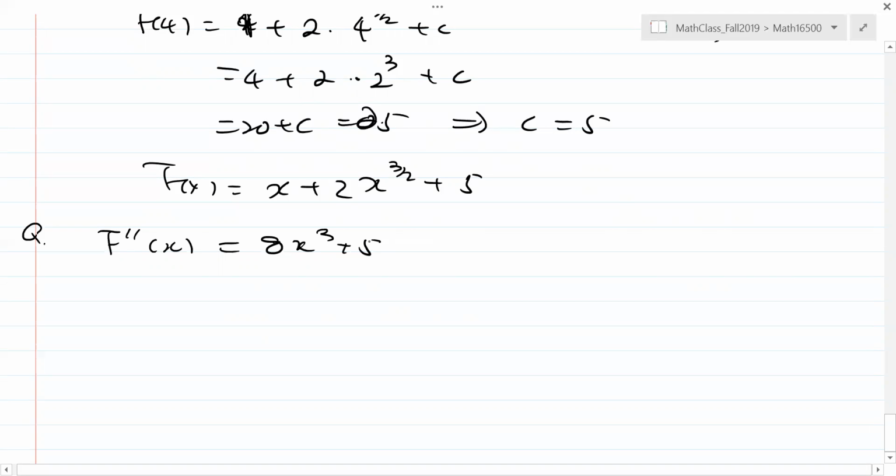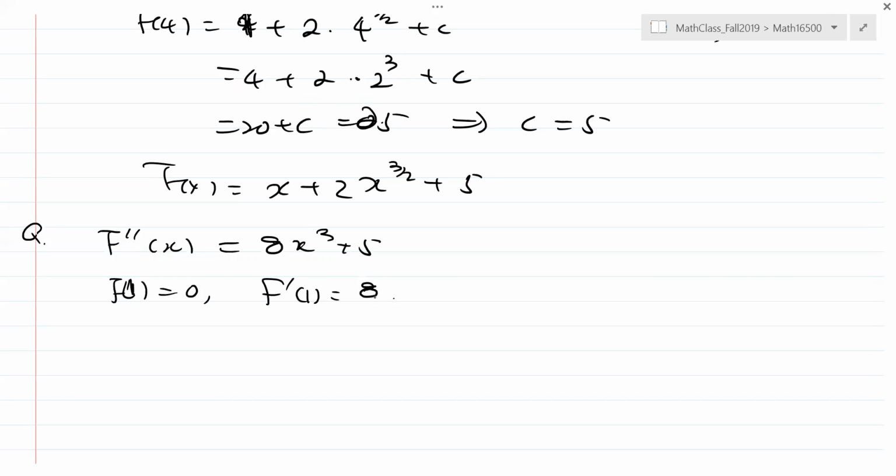But we need some initial conditions here. So the initial conditions: f of 1 is 0, and f prime of 1 is going to be 8. This is a little bit new, we have a derivative at work.